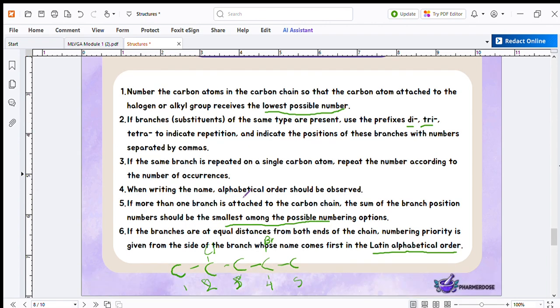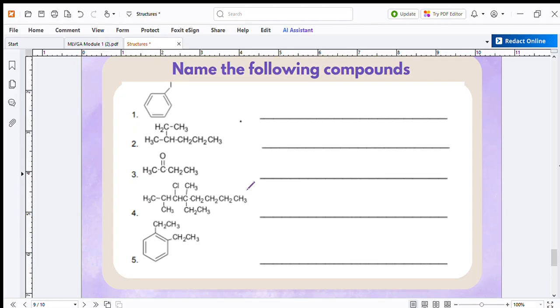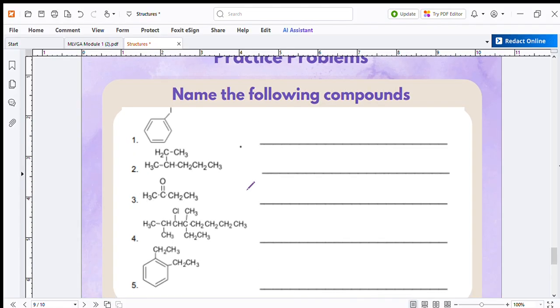So when it comes to the nomenclature or the practice, dito na po ang first practice. So maybe all the rules cannot be encompassed in each question, pero let's answer na. Then makikita nyo, it will make sense sa inyo yung mga rules kanina. So when it comes here, kailangan muna i-identify natin kung ano po ang functional group.